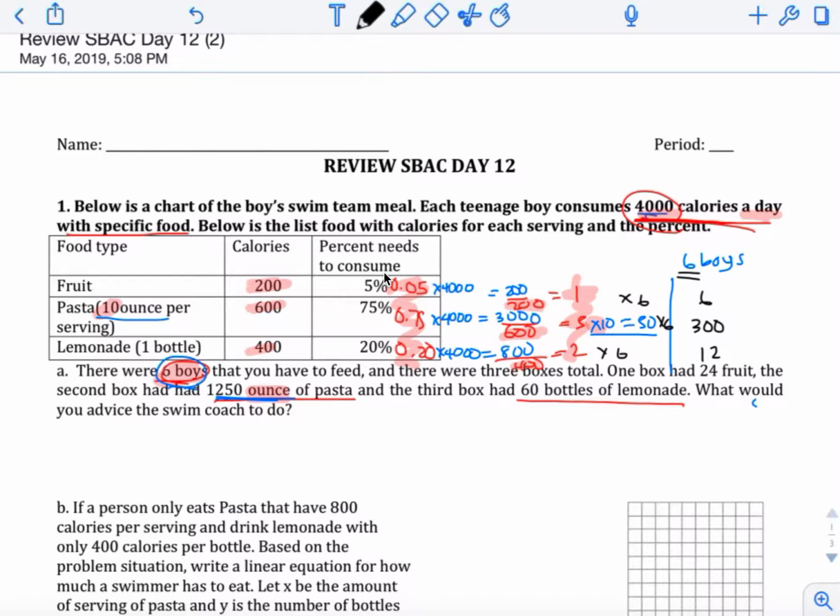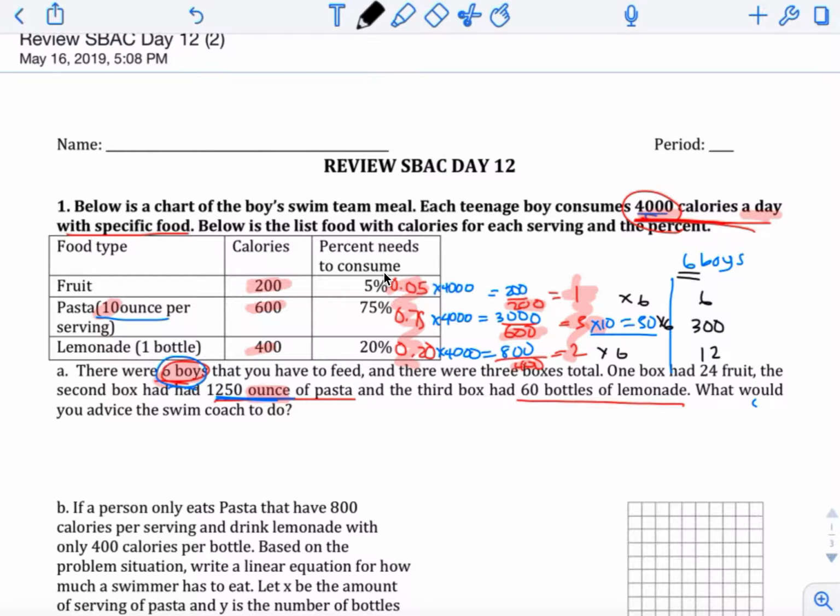Okay, so the equation: let x be the amount of servings of pasta, so x is for pasta, and let y be the number of bottles. Y is bottles.